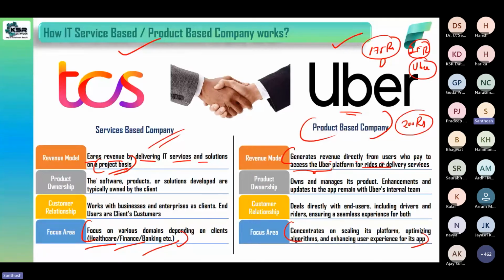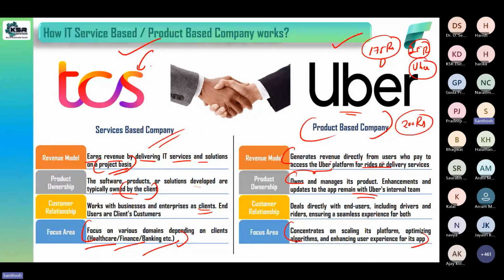And the software, products or solutions developed are typically owned by the clients. TCS doesn't own them. So if Uber is an app, maybe TCS helps to build it, but after that they'll hand it over. But here, Uber owns and manages its product, and enhances and updates the app internally. An internal team will be there who takes care of this app, right? And TCS works with businesses and enterprises as clients. TCS doesn't deal with you or with me.